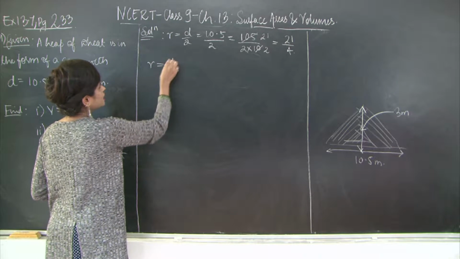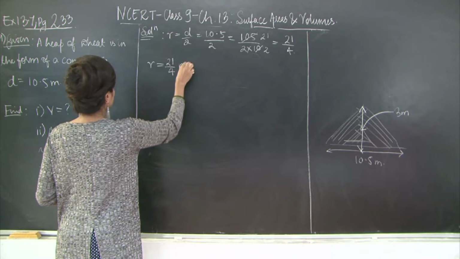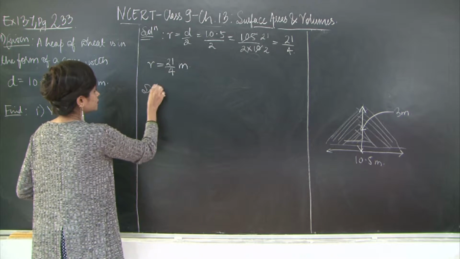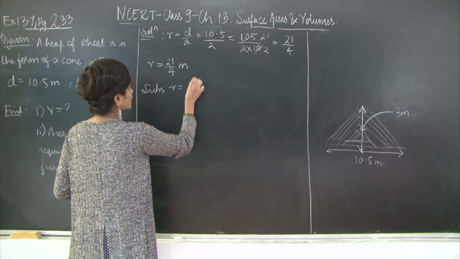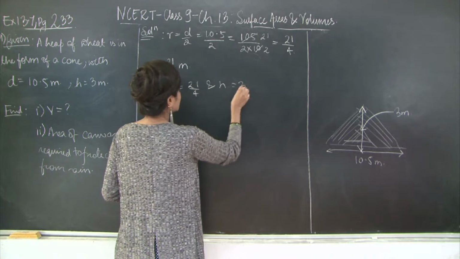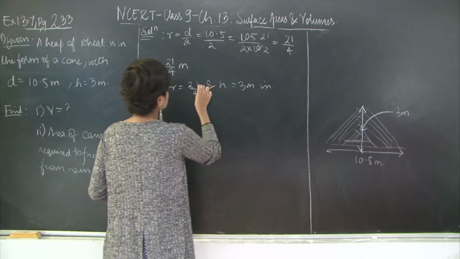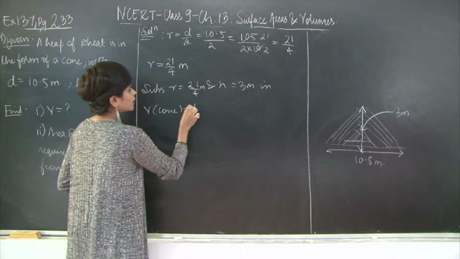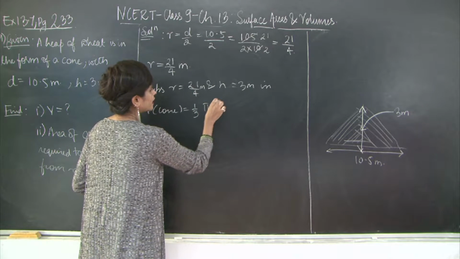So our radius is 21 upon 4 meters. Now substituting, r is equal to 21 upon 4 and h is equal to 3 meters, in volume of cone is equal to 1/3 pi r square h.